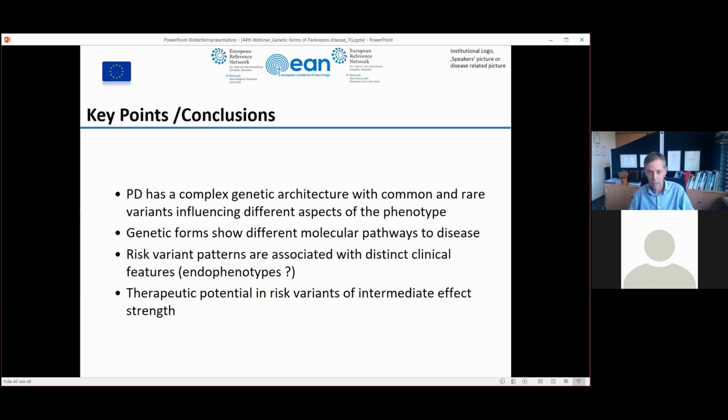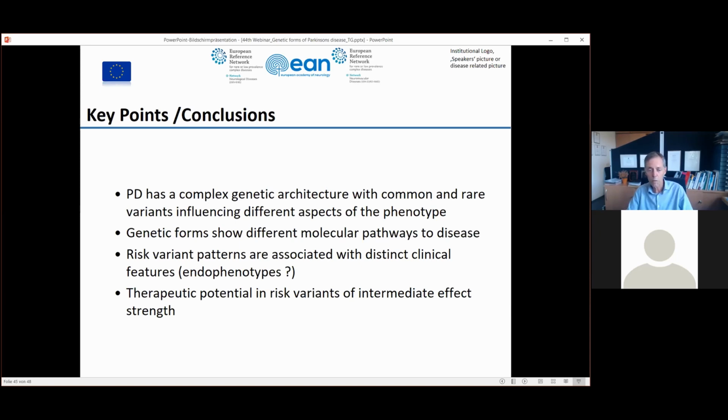They are very different, the different genetic forms of Parkinson's disease. Different genetic molecular pathways are involved in the development of the disease, but also risk variant patterns in the sporadic forms, that we can find from the genome-wide association studies.